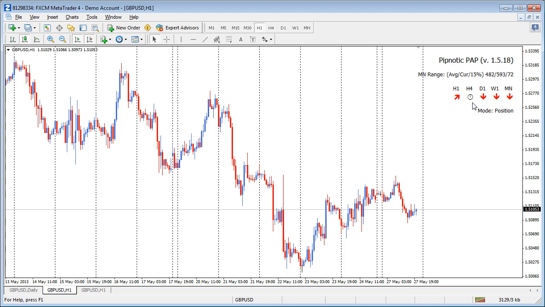Again, as I mentioned earlier, the red color is telling us that the market is bearish. The arrow pointing up is telling us that the price is moving higher. We can see price is moving lower here, with lower highs and lower lows. You can see the price is kind of stalling here and perhaps will move up before it continues down. So that's what this is telling us, which is quite handy, I think.